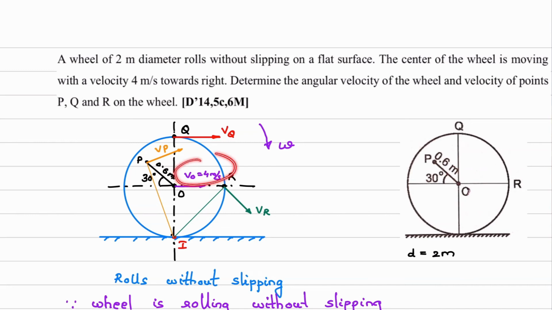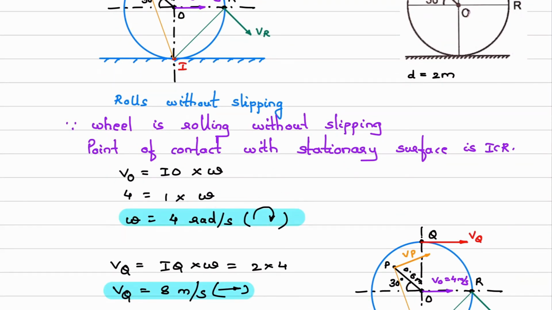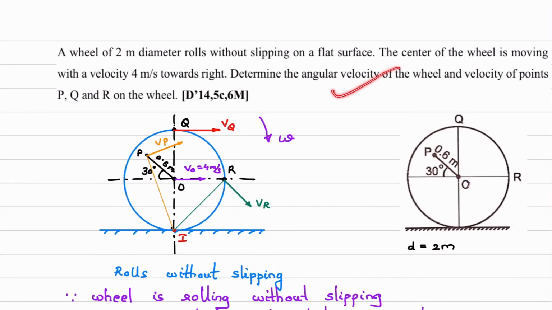Using this data, VO is equal to IO into omega. We calculated the omega value that was asked in the question, the angular velocity of the wheel, and we found out the direction as well. Keep your thumb at I, keep your index finger at O, and rotate your index finger in the direction of velocity. It is clockwise, so omega is clockwise.